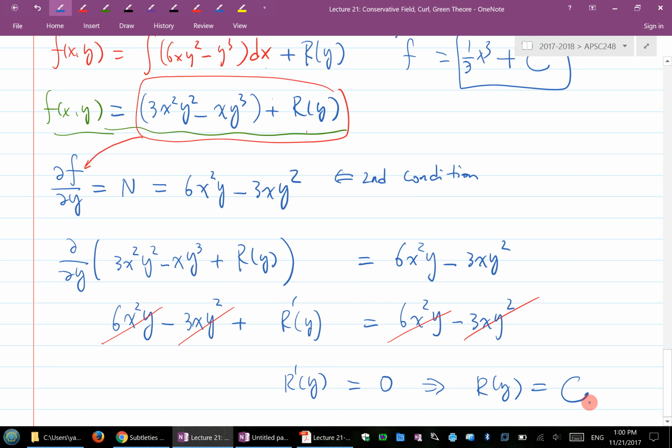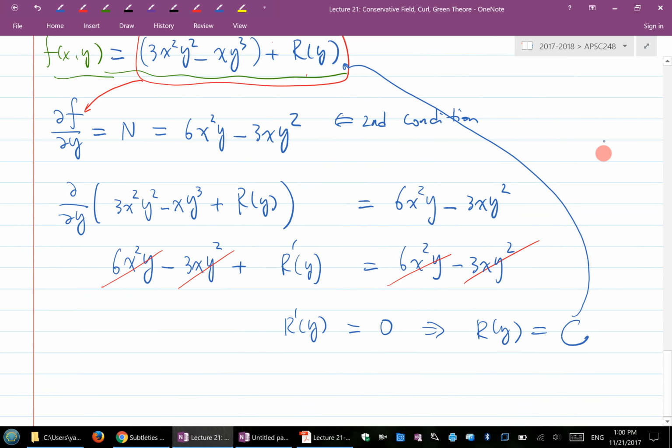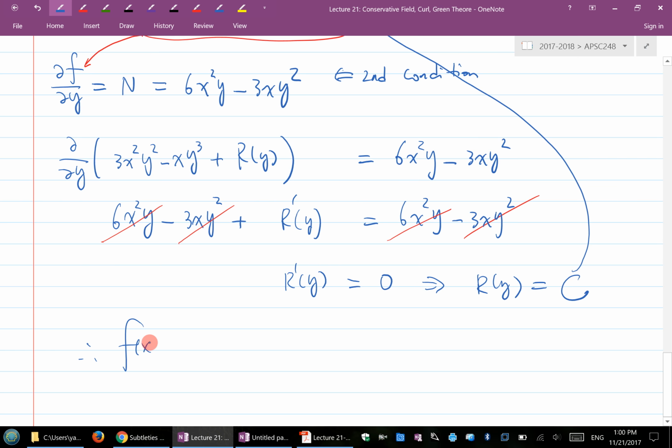Now this time it's a constant, a constant value, because the derivative of a constant equals 0. So basically you replace this result back into f of x, y. So we say your potential function f of x, y is equal to 3x squared y squared minus xy cubed plus a constant c.